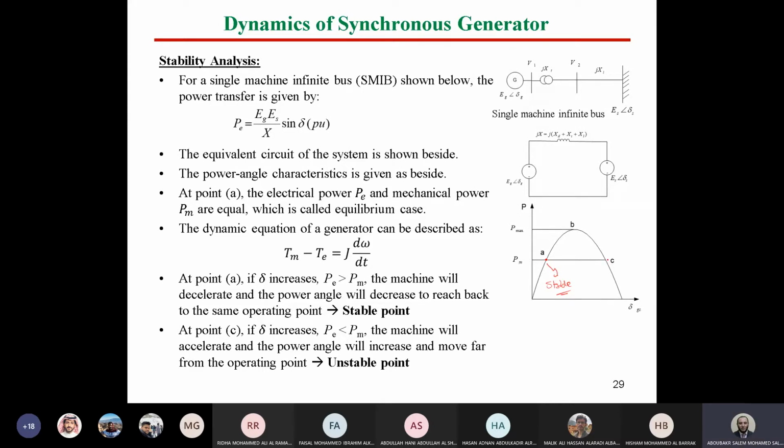But let's apply the same here at point C and check what will happen if we have a small increase in delta. Apply the same here in the equation.